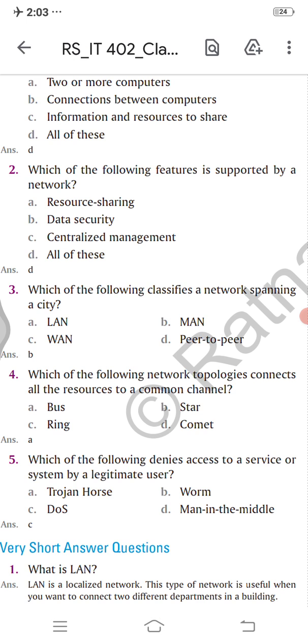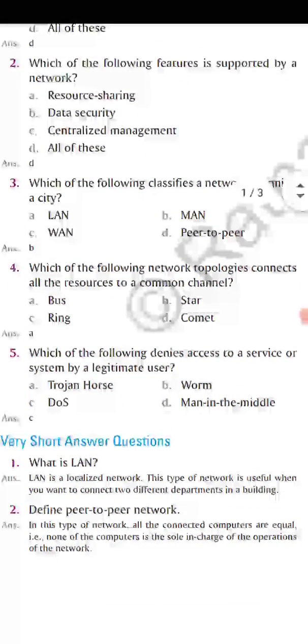Data security is also a very important thing for a network. The third thing is centralized management, by which you can access files very easily. So the right option is D, all of these. Okay dear students, in sequence we go to the next question.